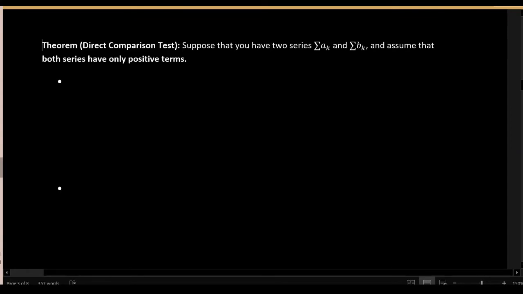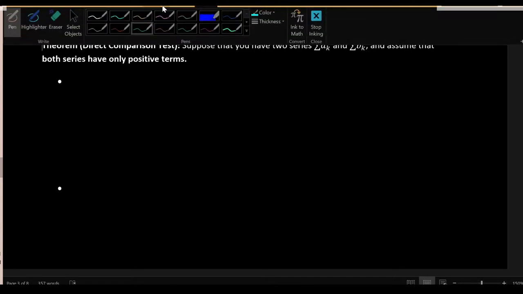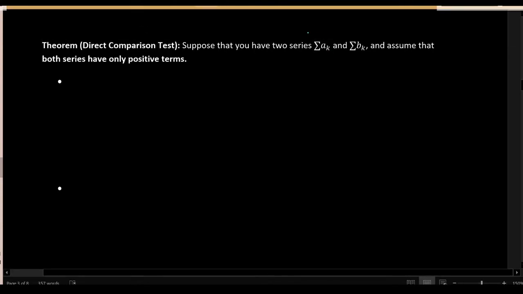So let's state the first of the two comparison tests. And there is one important condition that needs to be satisfied before you're able to use this test, so just be careful. You're going to have two series. In general, you're going to have one series, the sum of a_k, that you're trying to understand.